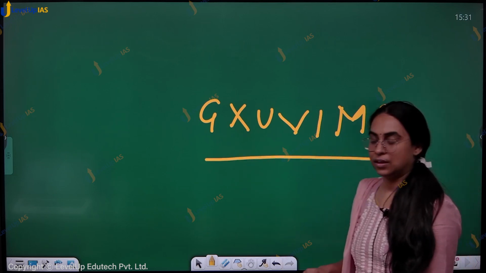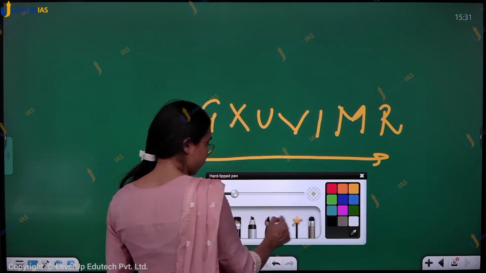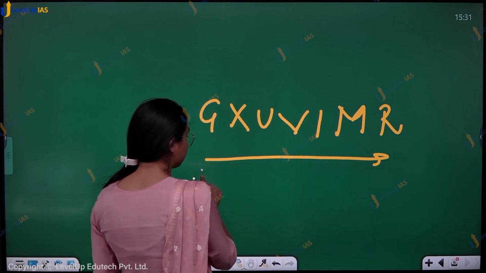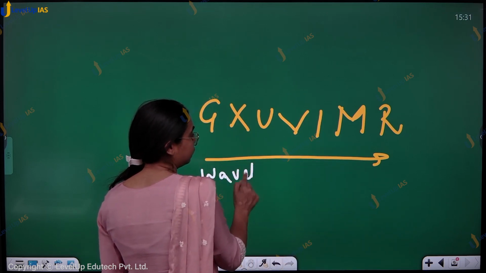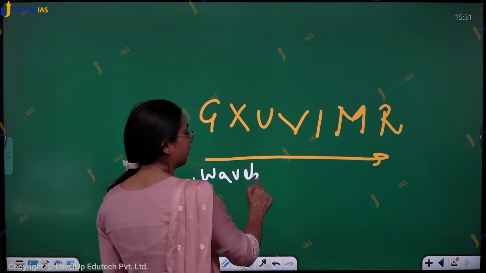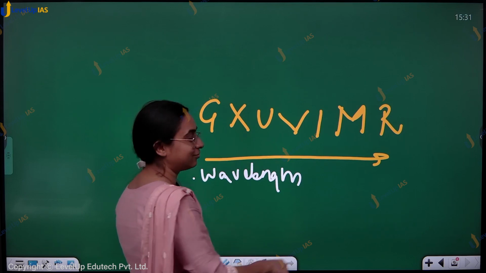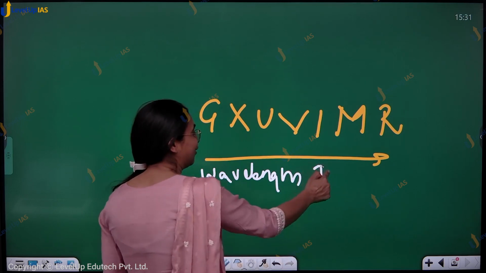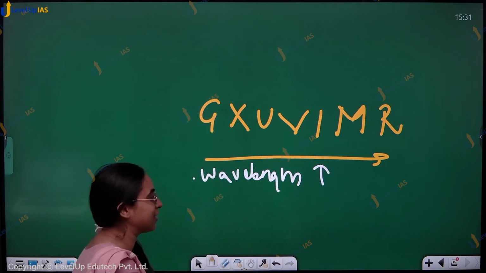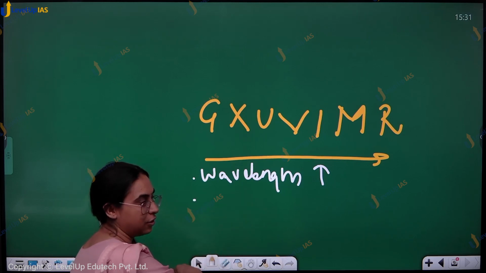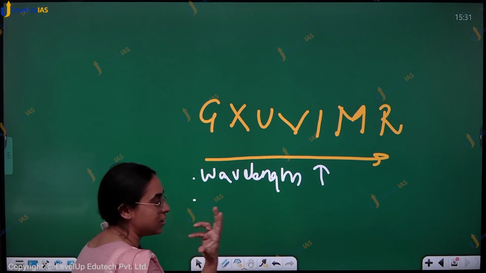Okay, what is happening? Wavelength is increasing, frequency is reducing, the energy is reducing.